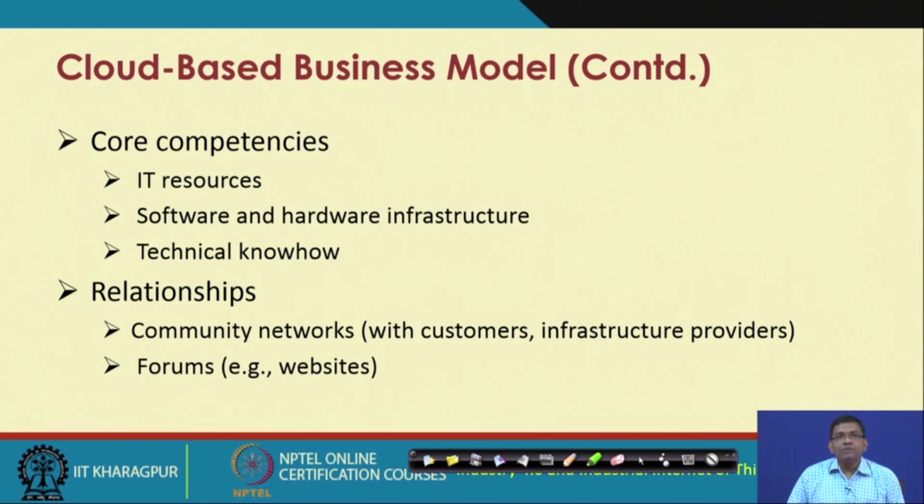And particularly in the cloud based model, most of the services are offered through websites, right. Typically an end user can get infrastructure as a service with respect to some kind of a compute platform, certain units of RAM, certain units of CPU, certain units of storage, etc. These are offered through some kind of a subscription using a particular website. So, this is an important feature of the cloud based business model.